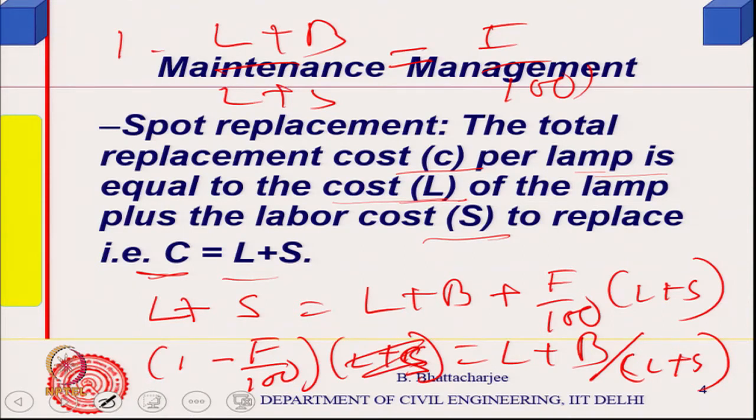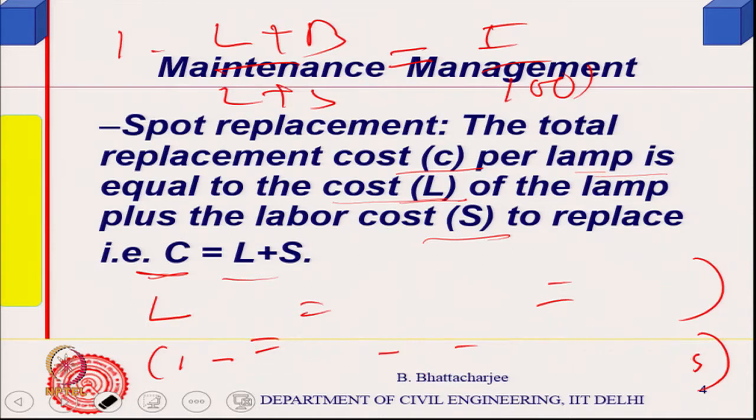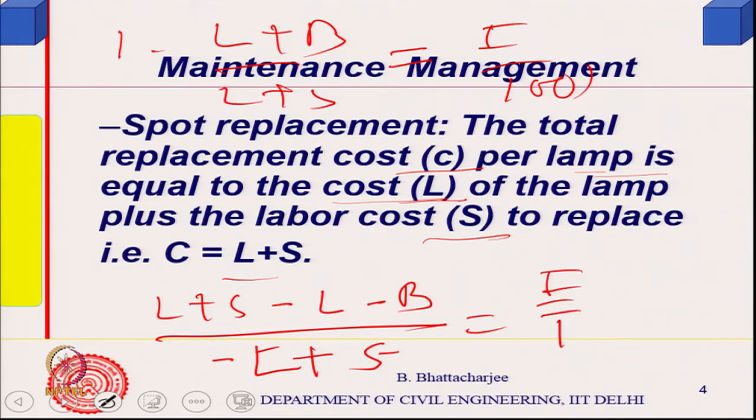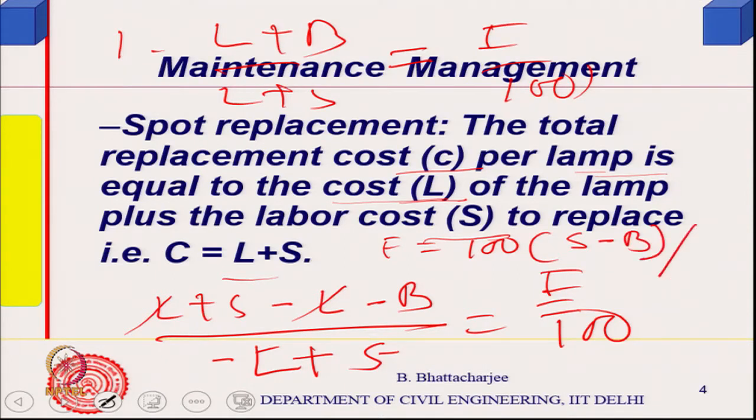So, I will get L plus S minus L minus B divided by L plus S is equal to f by 100. So, this cancels out, giving S minus B divided by L plus S. So, f is equal to 100 into S minus B divided by L plus S.